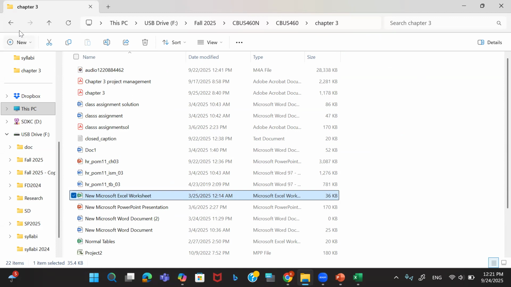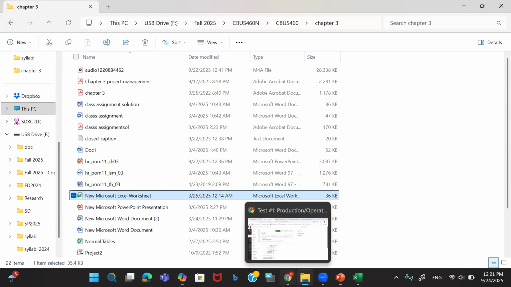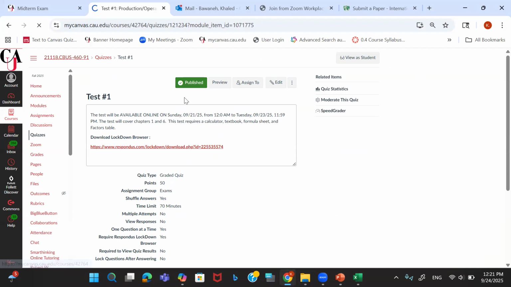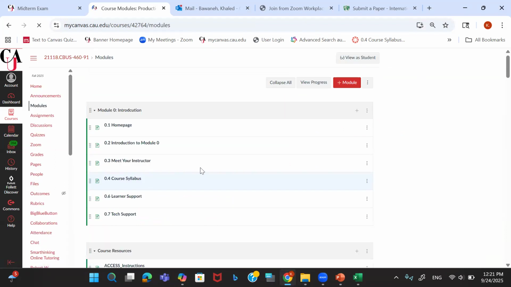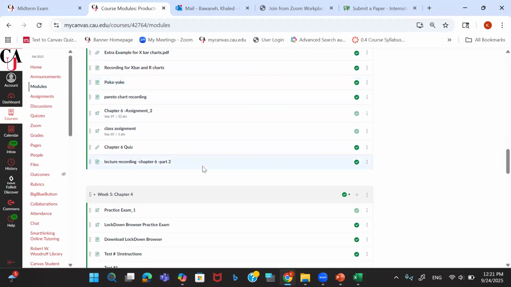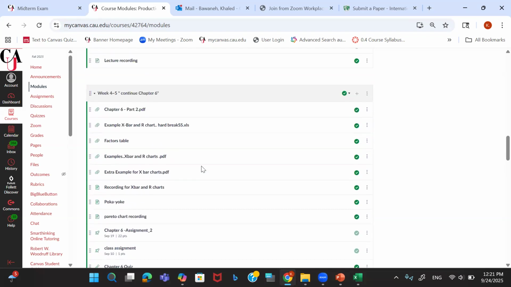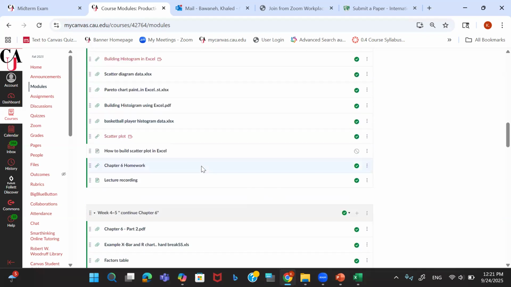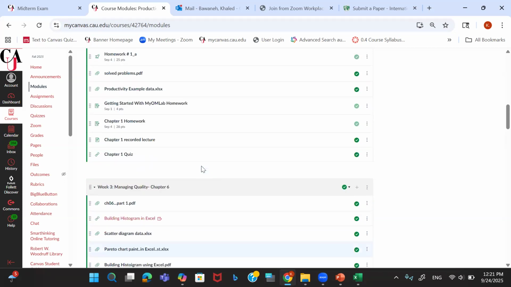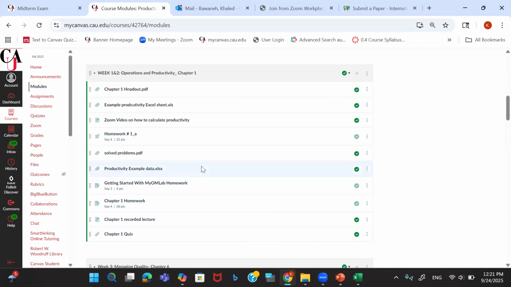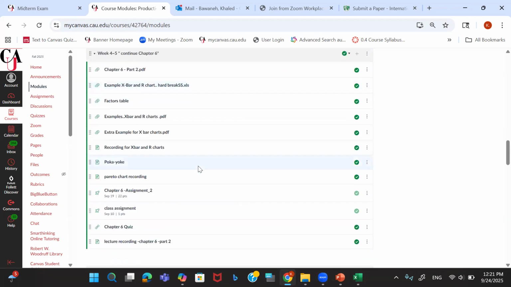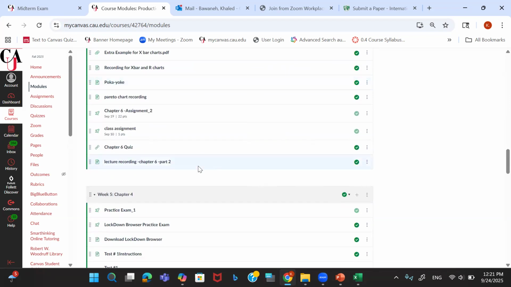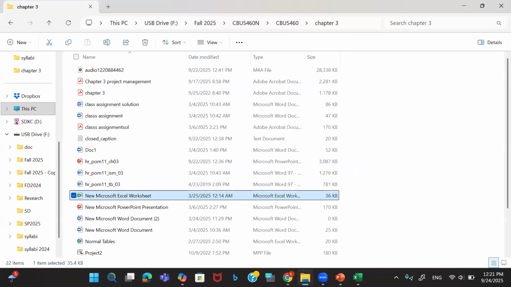Did I post the table here? Let's see. Where did we put the table?